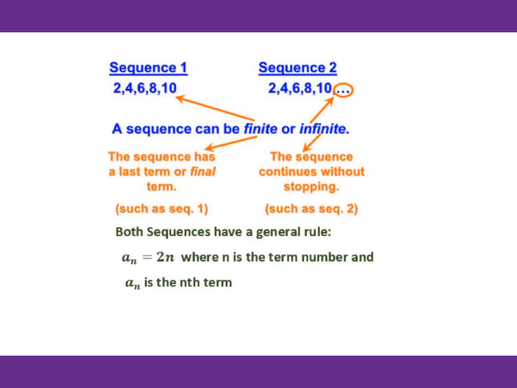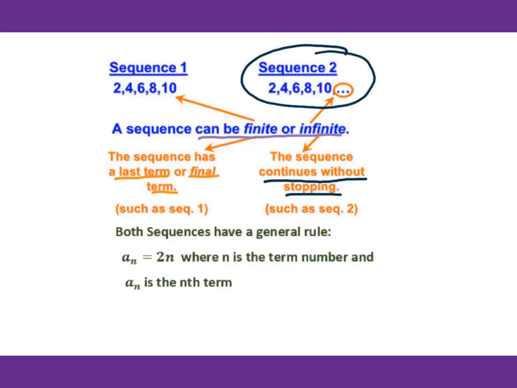A sequence can be finite or infinite. When a sequence has a last or final term, we call this a finite sequence. When a sequence continues without stopping, we call that an infinite sequence.